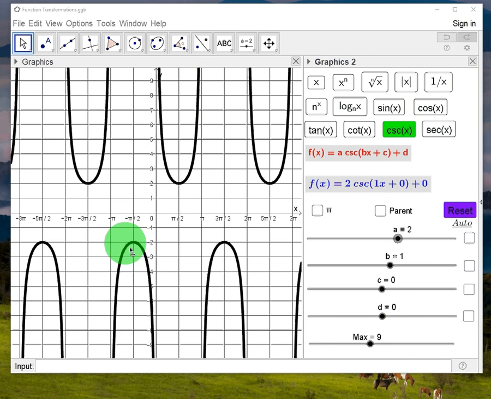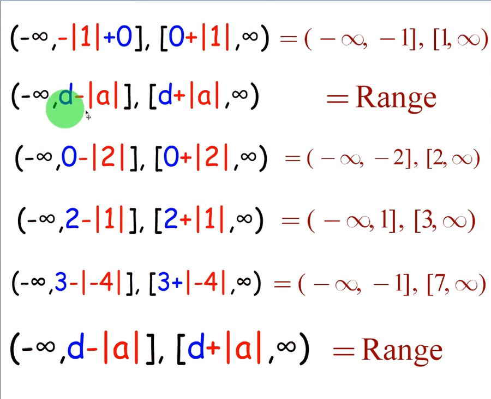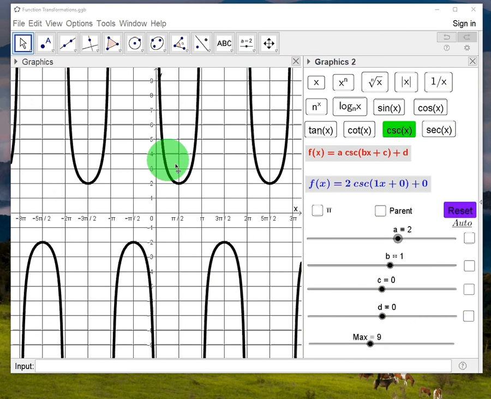So d minus 2, so 0 minus 2 is -2, and then d plus 2, 0 plus 2, is going to be the bottom of these parabolas. Again, they're not really parabolas, but they look like it. And so that just further shows us that this is going to give us the formula for the range. Again, I know it's kind of complicated. So the range for that graph is -infinity to -2 bracket, and then bracket 2 to infinity.